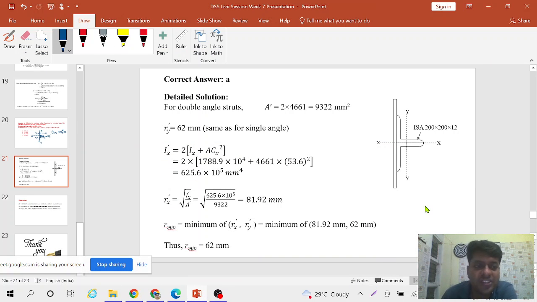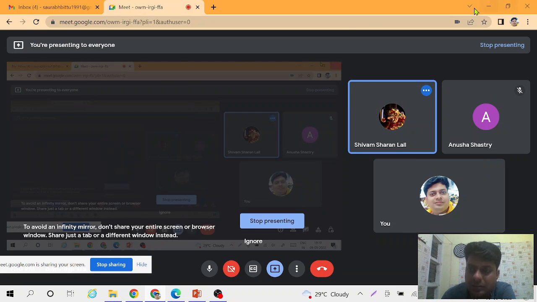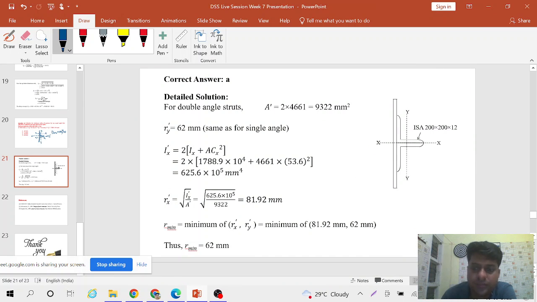So are you able to understand this solution? Yes, sir. Anusha, do you understand? Yes, sir. Okay. So R minimum will be the minimum of Rxx dash or Ryy dash.